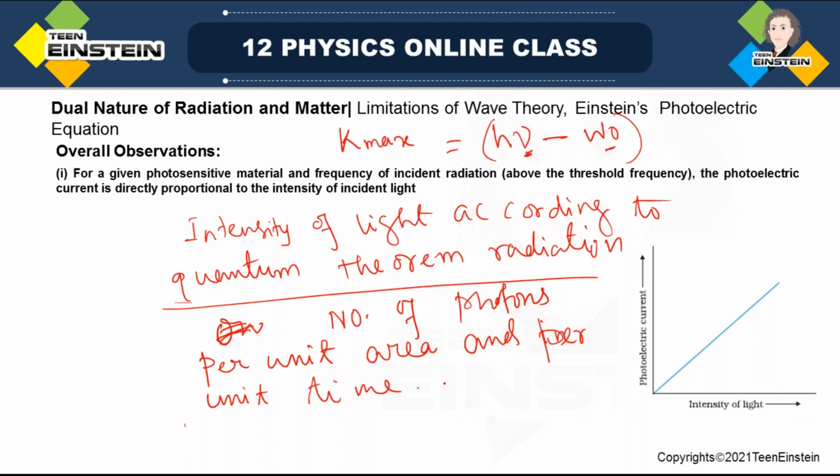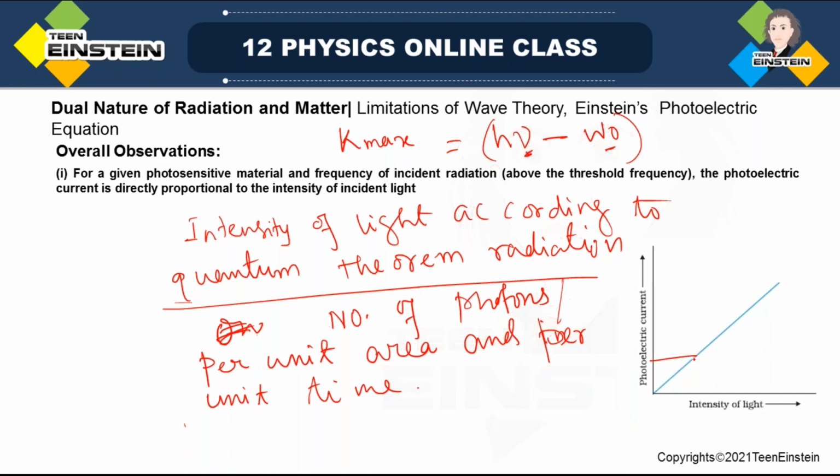As I have explained, each photon will interact with only one electron. So if you have more photons per unit area per unit time, the number of electrons emitted also will increase with the increase in intensity.